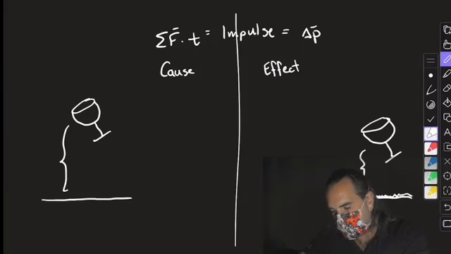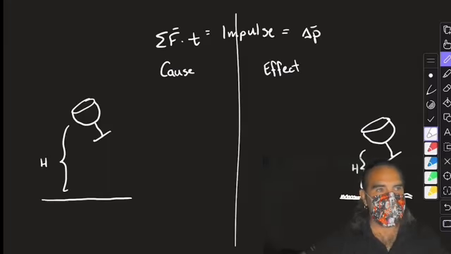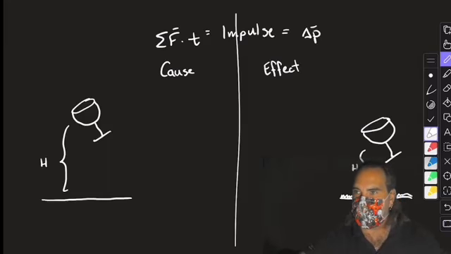If they're both dropped from the same height, they will both acquire the same momentum by the time they make it to the ground. Does that make sense? They'll both have the same velocity. The ground is going to stop both of them, which means the ground is going to apply the same impulse to both glasses. Of course, the glass is probably going to shatter here, but it's probably going to be fine here.